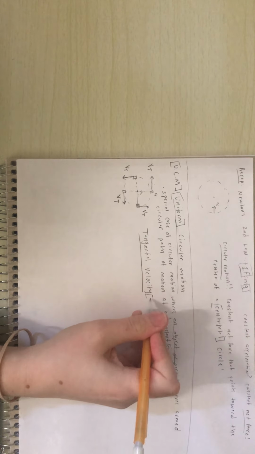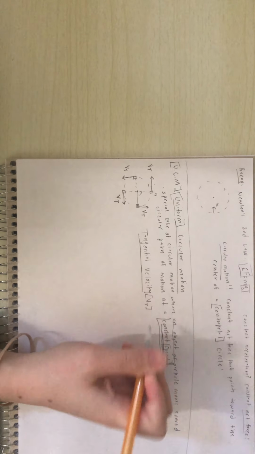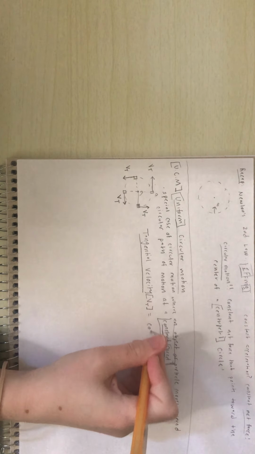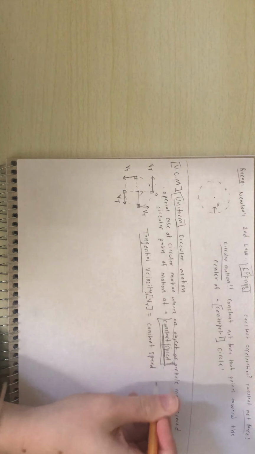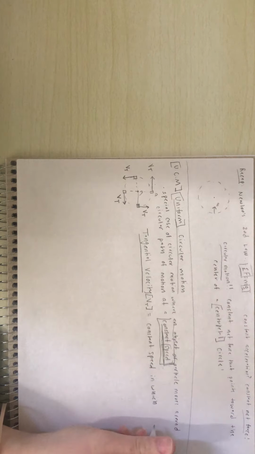That variable that we use is v, capital V, subscript t. Okay, so this is the constant speed in which an object moves around a circular path.